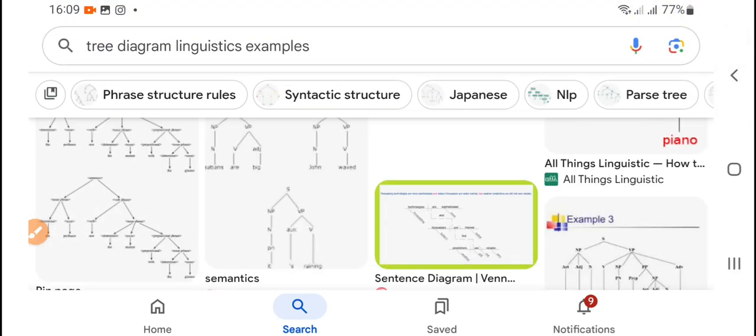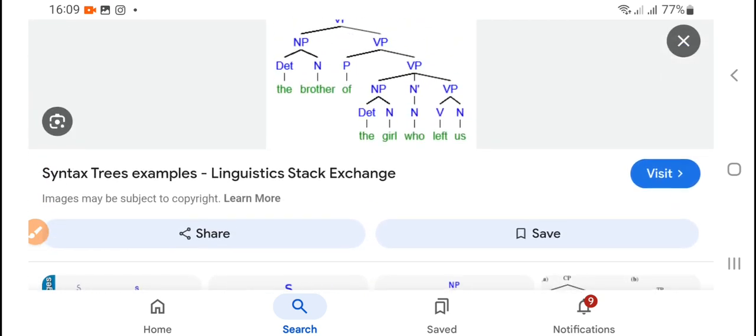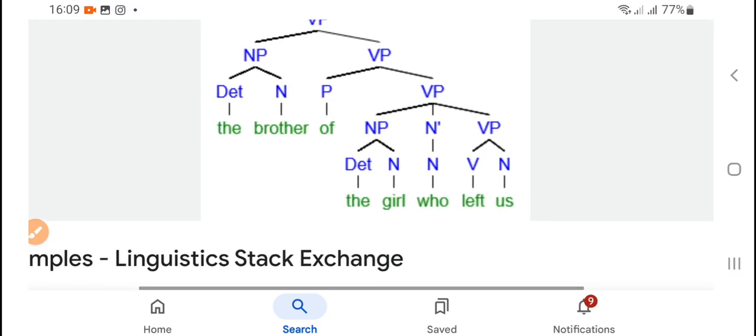Okay. Now this sentence, let us see. The sentence is: the brother of the girl who left us. The brother, okay, of is a preposition, right? Of the girl, noun phrase, okay, who, noun, left us. Have you noticed one thing, that in this verb phrase, a prepositional phrase is there, a preposition is there, right?